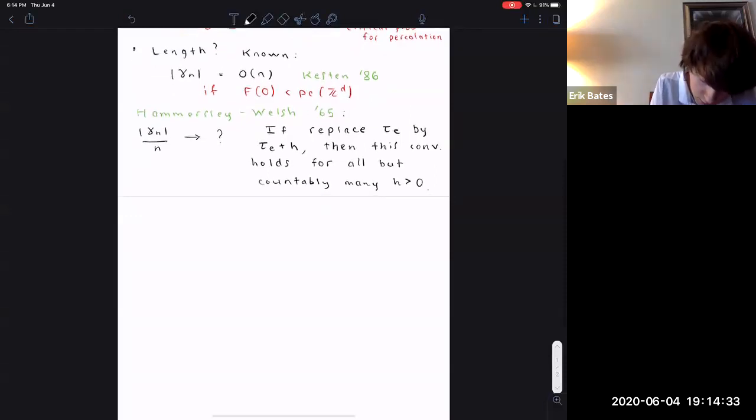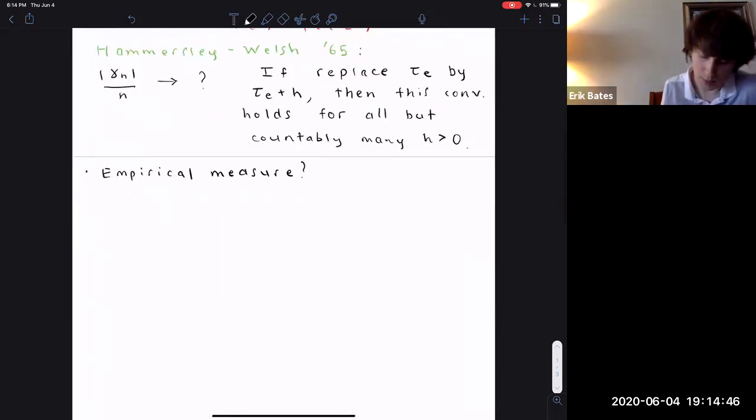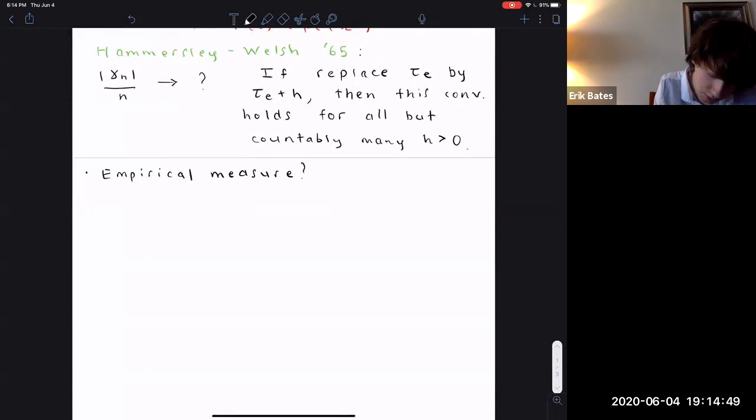But the last one that I want to get to, and this is the one that kind of originally started my interest in these sorts of problems, is there a limiting empirical measure? So let me say what I mean by this. Let's define for a path gamma an empirical measure associated to that path, which is just defined as a sum of atoms.